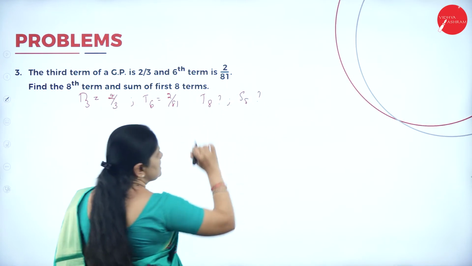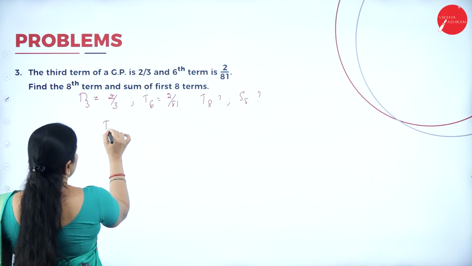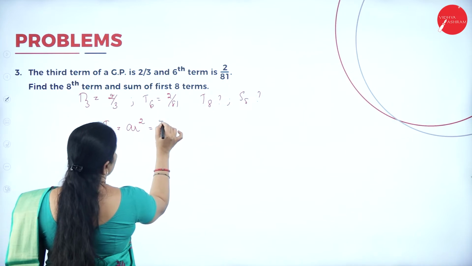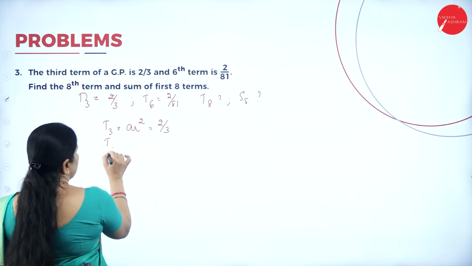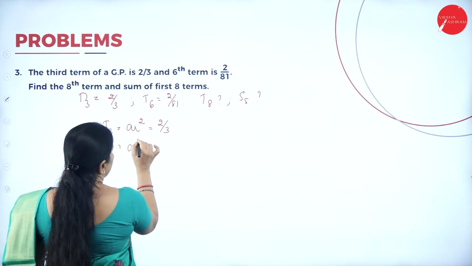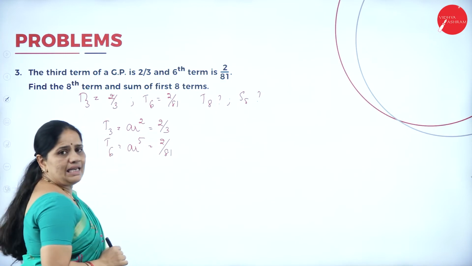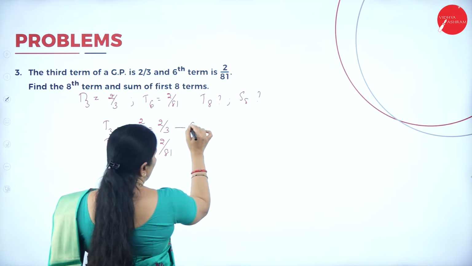We don't know what T8 is and we don't know what S8 is. Now T3 will be AR square equals 2 by 3 and T6 will be AR to the power 5 equals 2 by 81. So we divide 2 by 1.